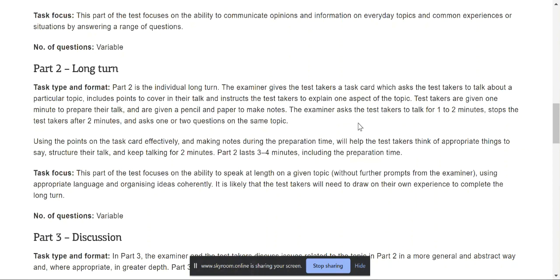Okay, so you will go for the cue cards, write some notes, and start speaking. Remember, you are not allowed to write your full answers. You have to write some bullet point keywords. Bullet point, you know what it is.